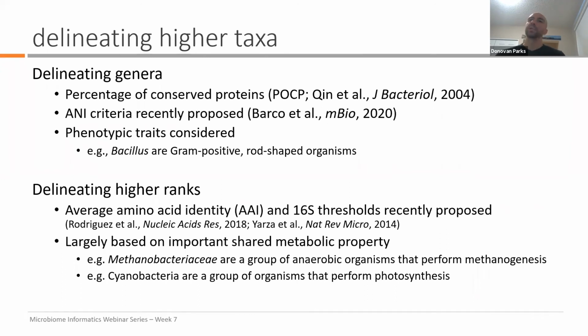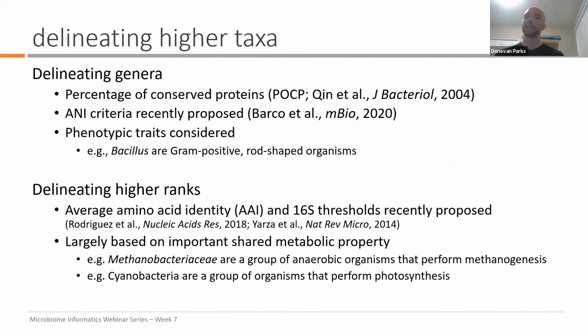All right, so I just wanted to briefly touch on how we can assign strains or organisms to higher taxa. The issues here are largely the same, but I think there's a little bit less consensus here, which is why I really focused on species. For delineating genera, it has been proposed that we can use the percentage of conserved proteins. It's also been proposed that we could use some sort of ANI criteria, like 95%, or some lower bound like 85%.